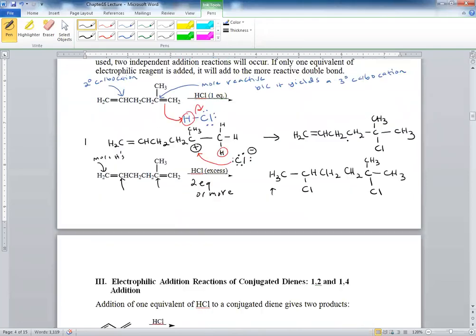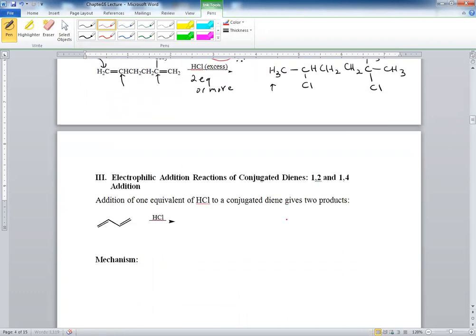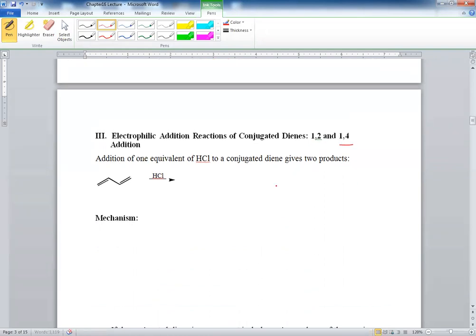As you saw here, you ended up with one product for one equivalent. With electrophilic additions to conjugated dienes, you get 1,2 and 1,4 additions. Very well. So let's actually show you the products. The products that you would get here would be the following.